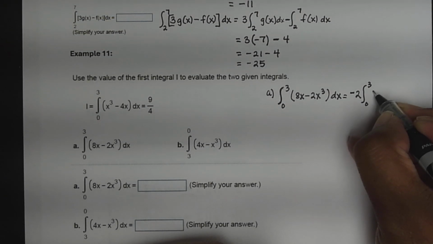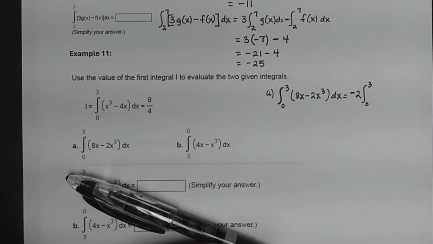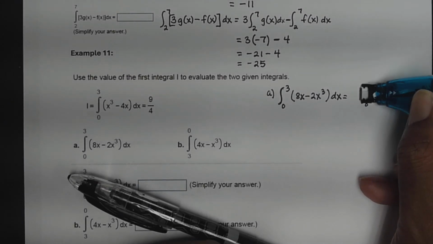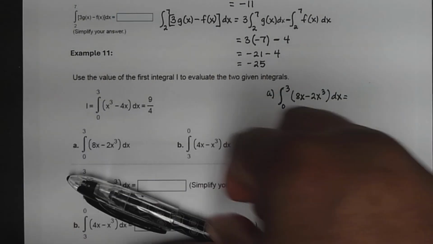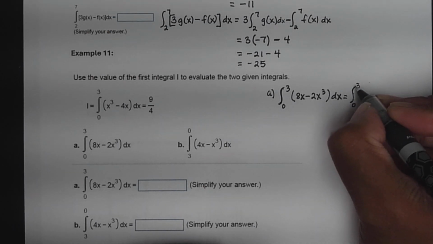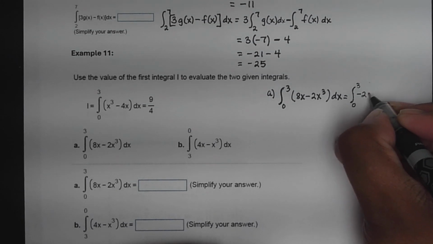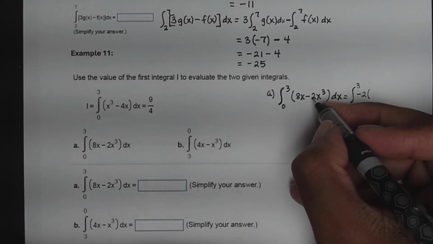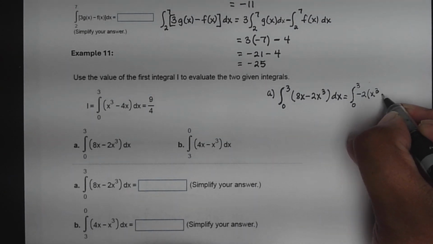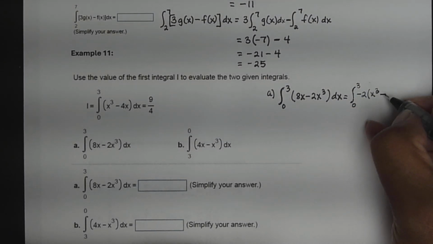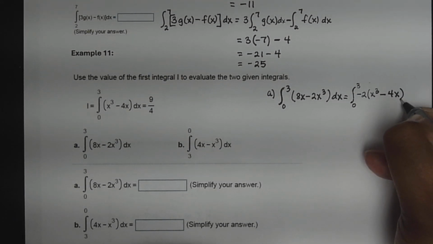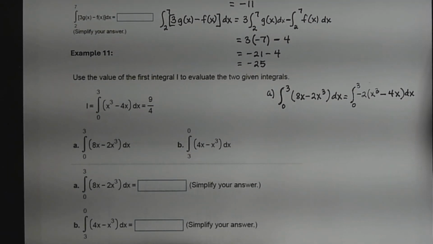Let me put that negative 2 inside the integral sign so you can see what's going on. Integral from 0 to 3, and I'm factoring out the negative 2. If I do minus 2x cubed divided by negative 2, that's going to be x cubed. 8x divided by negative 2 would be minus 4x. And then dx.